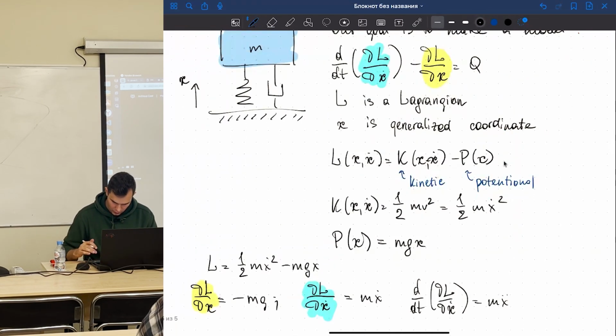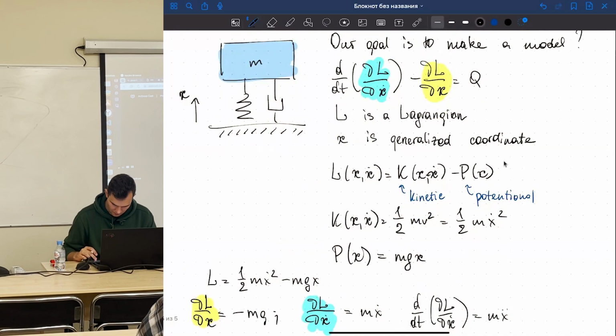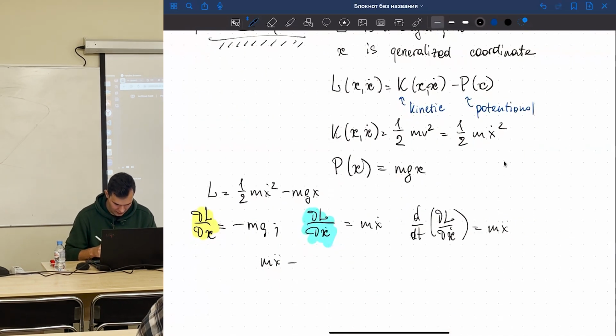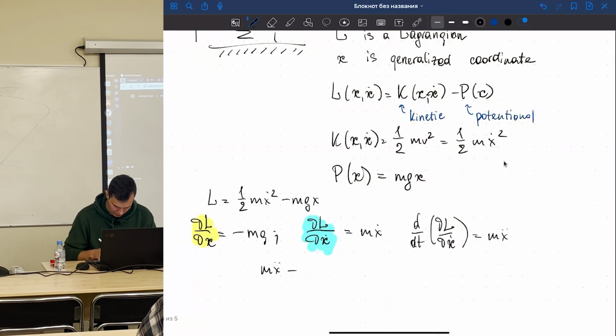So now we can compose the left part, and the left part will be m x double dot minus m g, right? So it will be plus m g, equals Q, right?